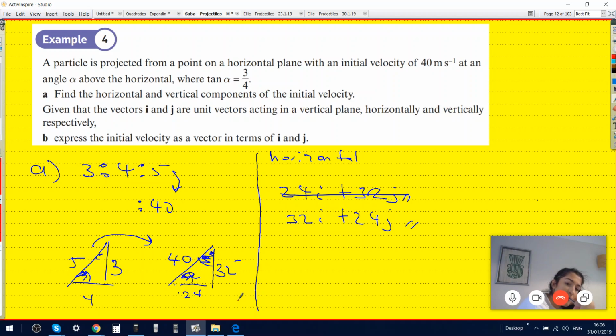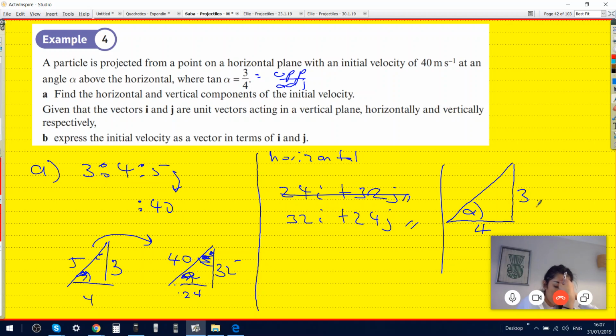Because tan is opposite over adjacent. So if I was to sketch a triangle, and this is the angle alpha, then the opposite is 3, the adjacent is 4. Yeah, and so across is more than up.